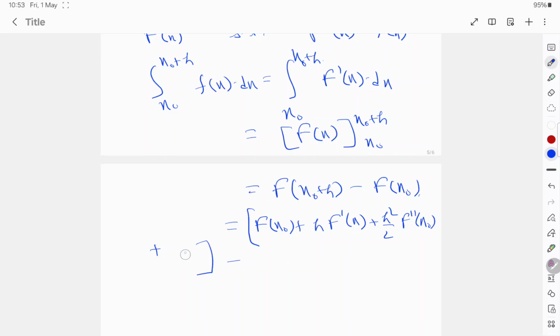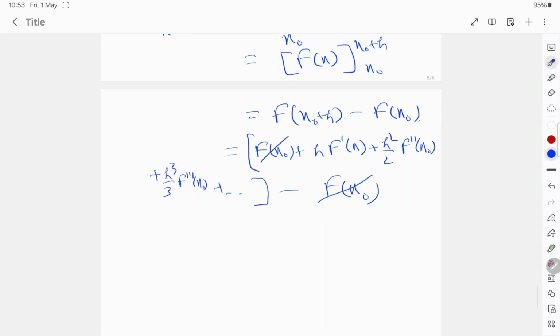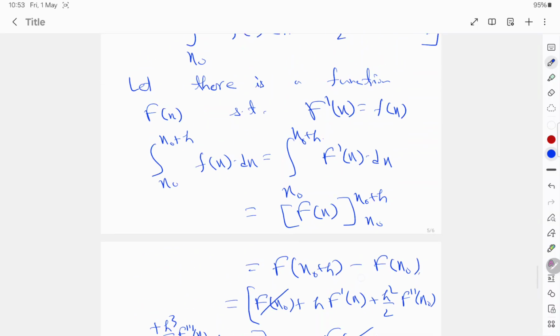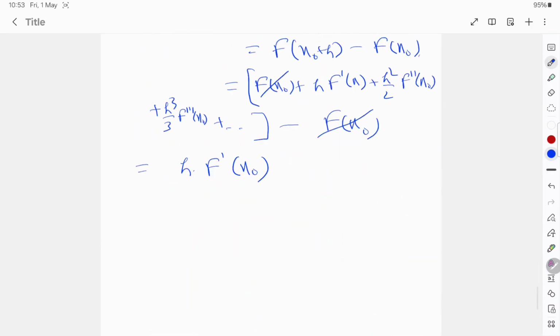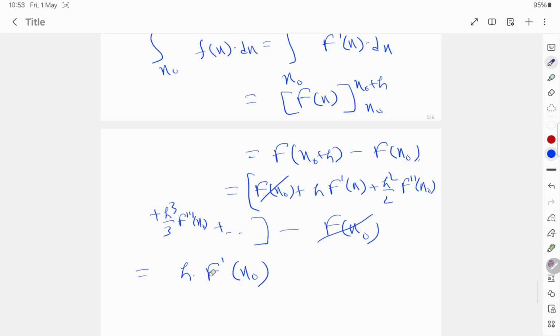We may write one more term, h cubed by 3 factorial F triple dash x0, minus F of x0. So this cancels, and you have h F dash x0. So what is F dash x0? This is your f, right? Okay, in the next line we will write.